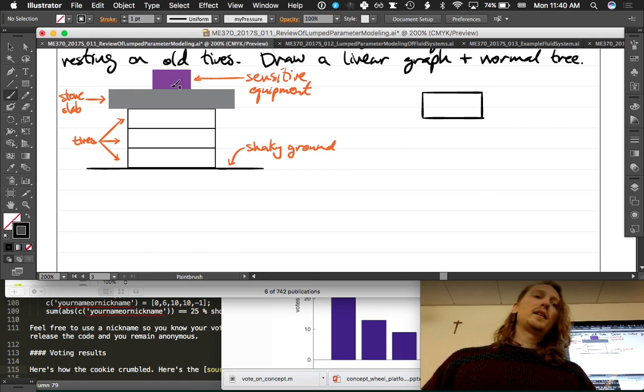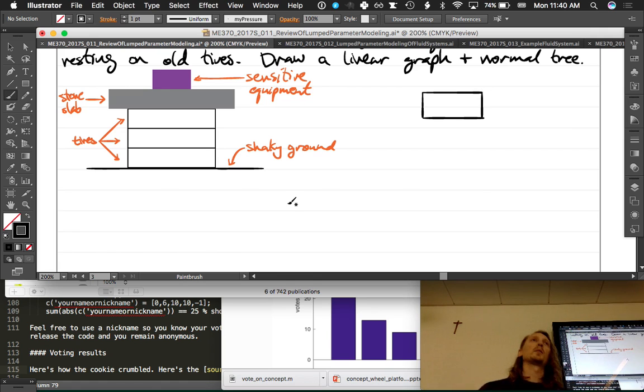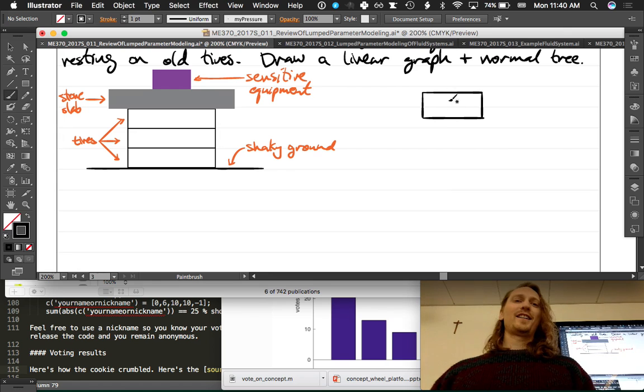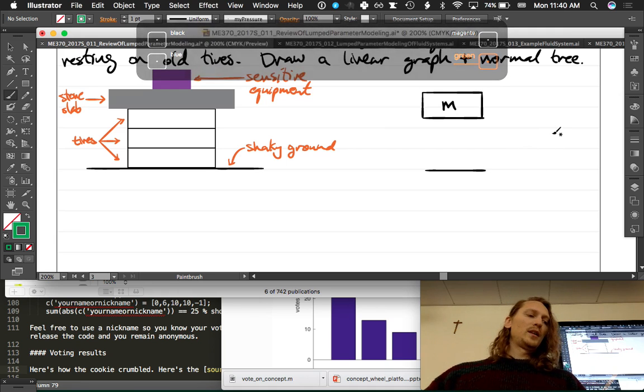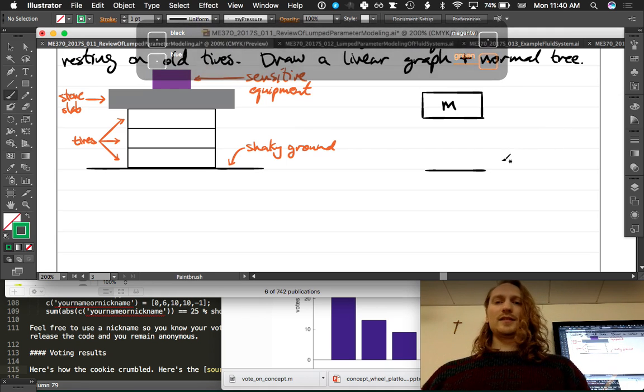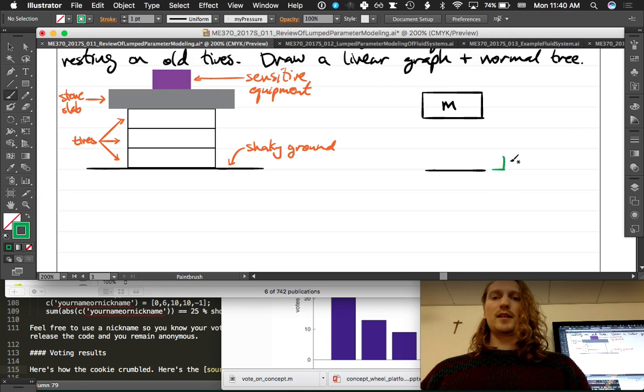I feel like this stone slab and the sensitive equipment can be modeled as a mass. What do you guys think? Yeah, I think so. Mass. And then we know for sure that there's this shaky ground down here, and that's probably going to be some sort of a source, right?